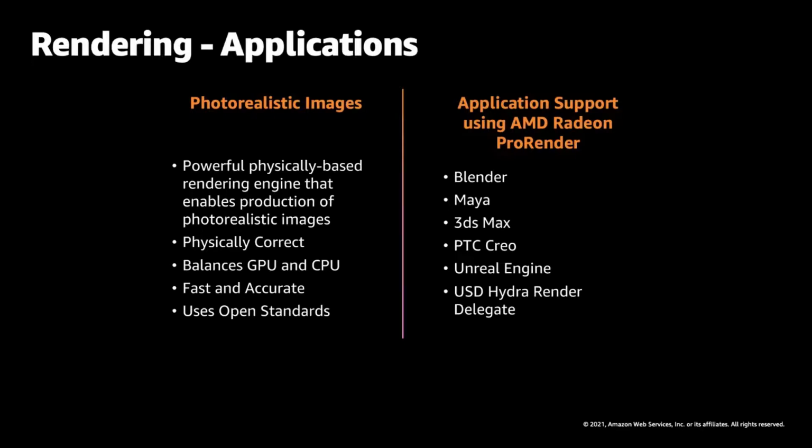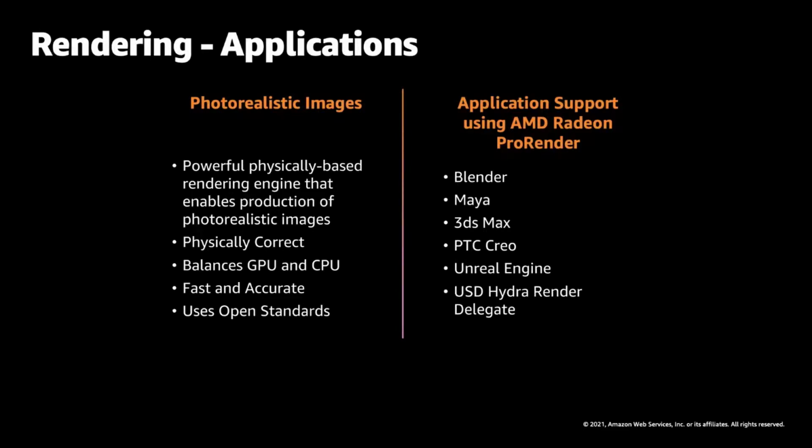We balance this GPU to CPU ratio. We talked about that a little bit earlier. And then today we're going to show you how fast the GPU is and also how accurate it is as we show through some of the examples here. One of the other elements that's key here for the G4ad is our usage of open source technology.